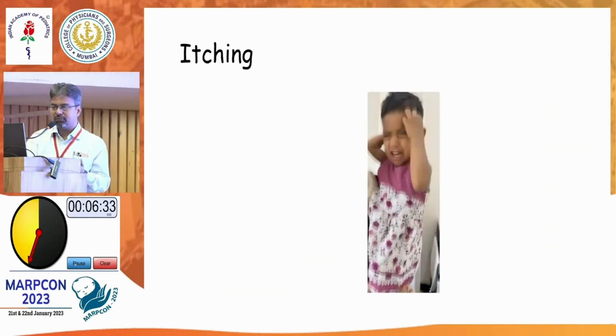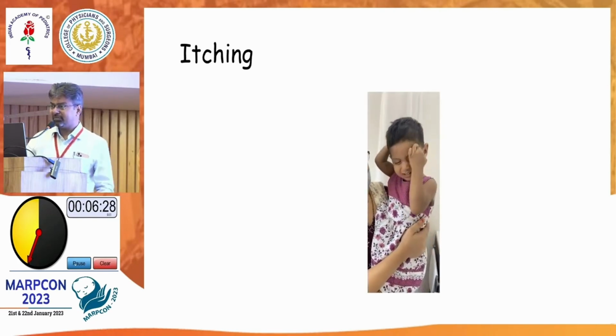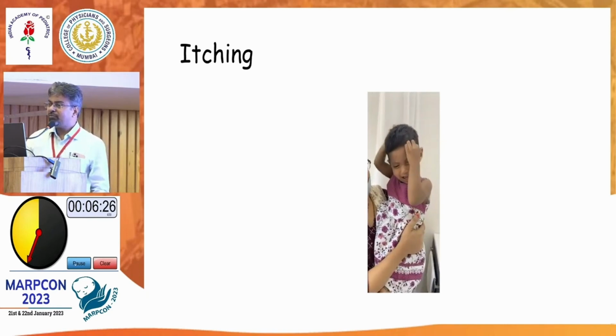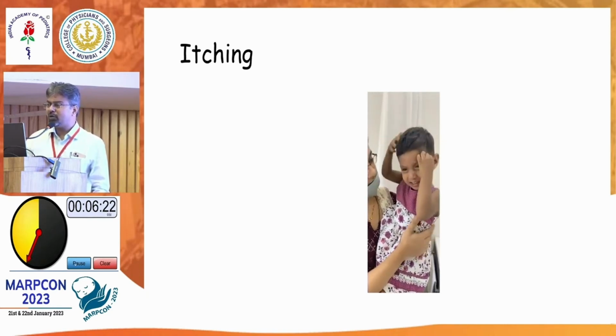If I can have a video, she was continuously crying. And mind you, the mother and father have not slept more than 2 hours in the last 7 months. This was the severity of the itching in this child.